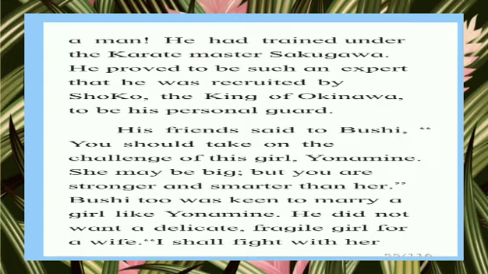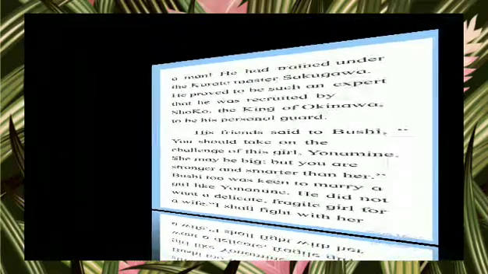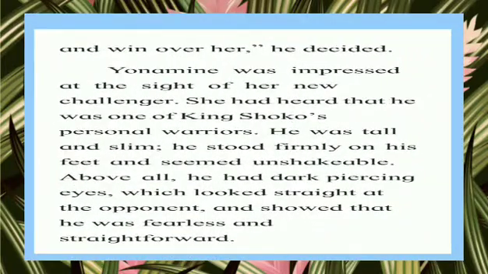Bushi too was keen to marry a girl like Yomini. He did not want to marry a delicate, fragile girl and take her for wife. I shall fight with her and win over her, he decided.